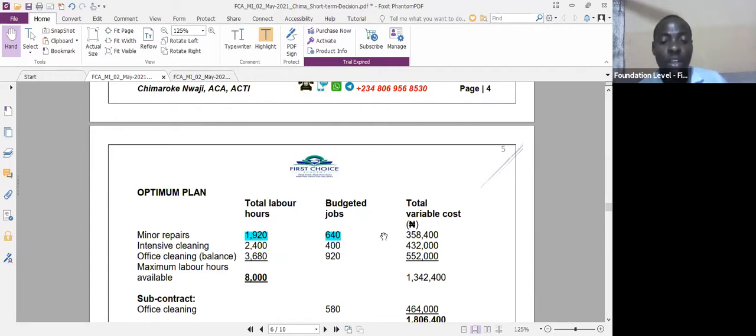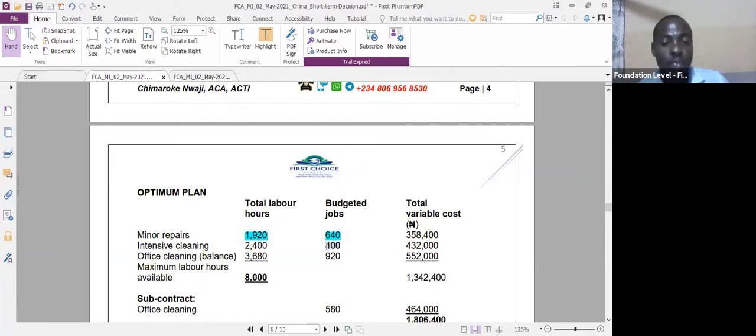So when you find the contribution, you should be able to give this particular figure as a contribution. Then we have intensive cleaning. Intensive cleaning is the next one you rank.